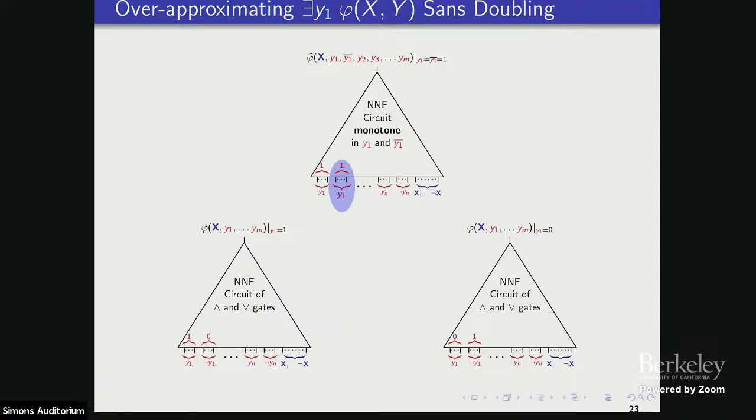And because this circuit is monotone, I know that whatever function was represented here must imply this, and similarly whatever function was represented here must imply this. That follows from the monotonicity of the circuit. And therefore, if I OR them up, that implication will also hold. And so this looks like a very cheap way to get an over approximation of the existentially quantified formula.